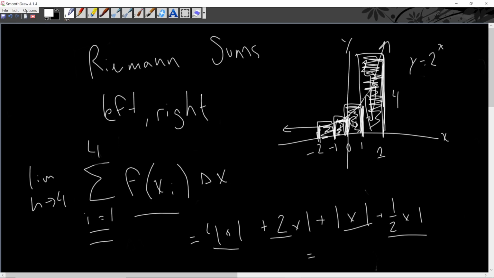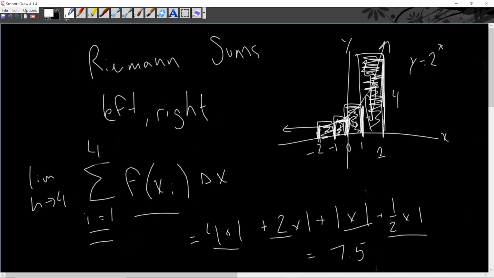And so when we plug all of those in, we're just going to get 4 plus 2 is 6, plus 1 is 7, plus 1/2, we're going to have 7.5 units squared. So we got our correct answer, 7.5.